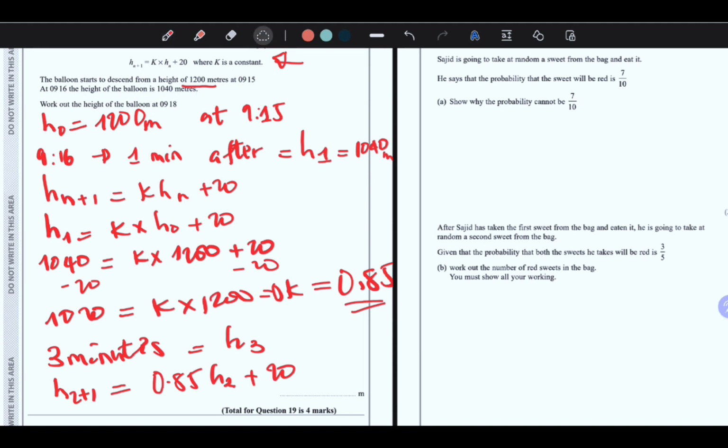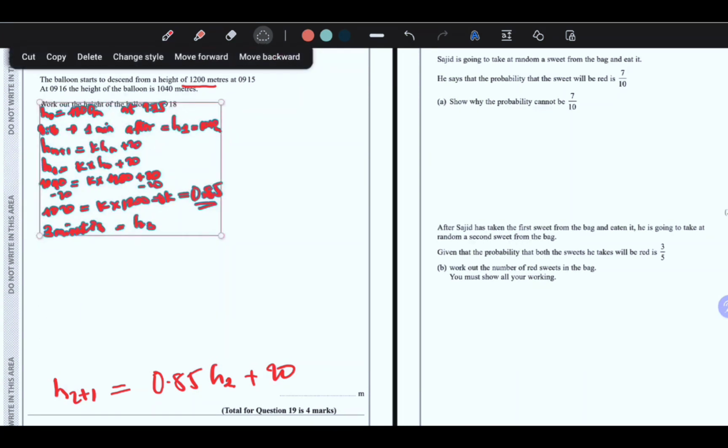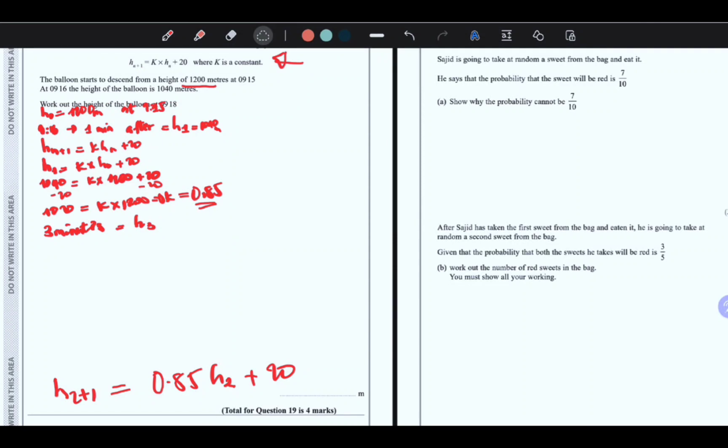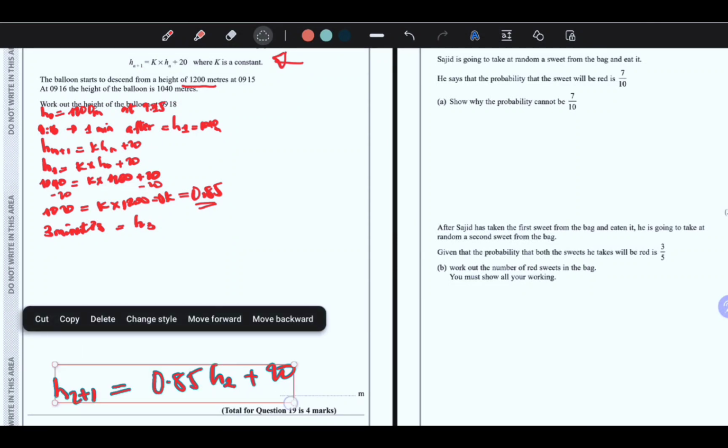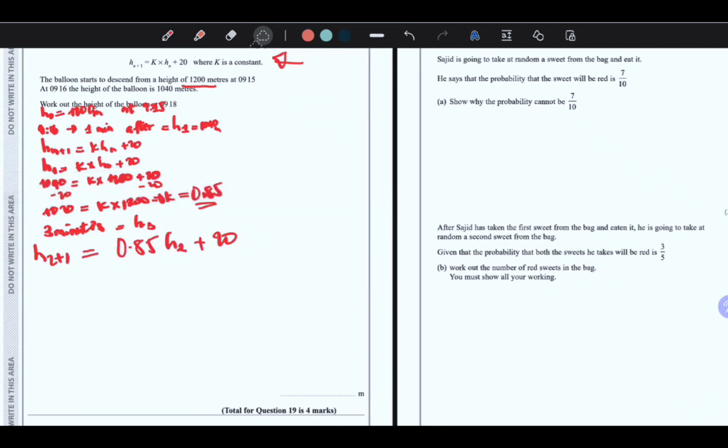So I'm just going to go ahead, reduce all of this because we need all the space. We're going to need the height at 9:17, which is 2 minutes later.